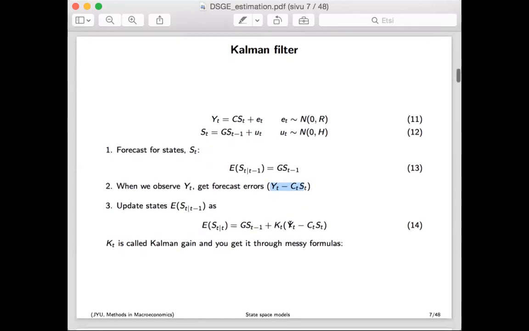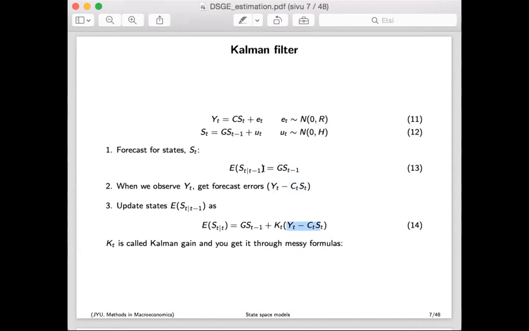Based on these forecast errors, we can update our forecast for our guess for states. So now it's conditional on period t information, whereas in the beginning, in step 1, it was conditional on period t-1 information.